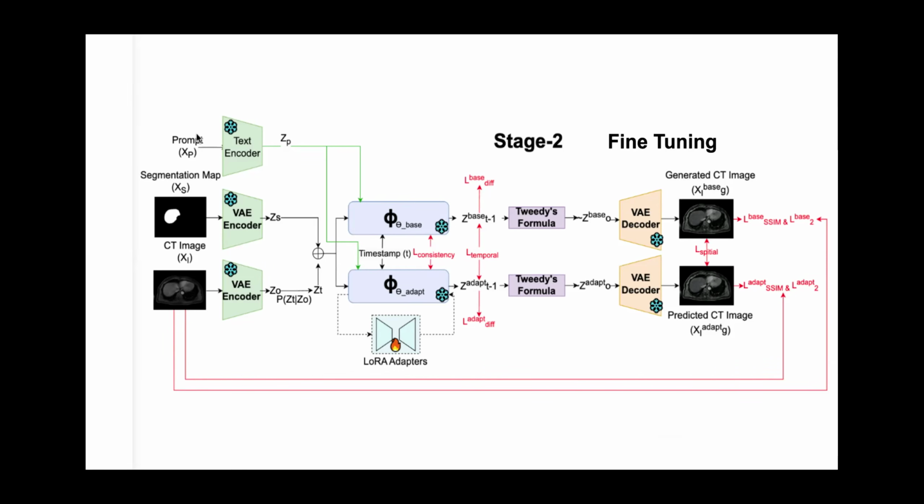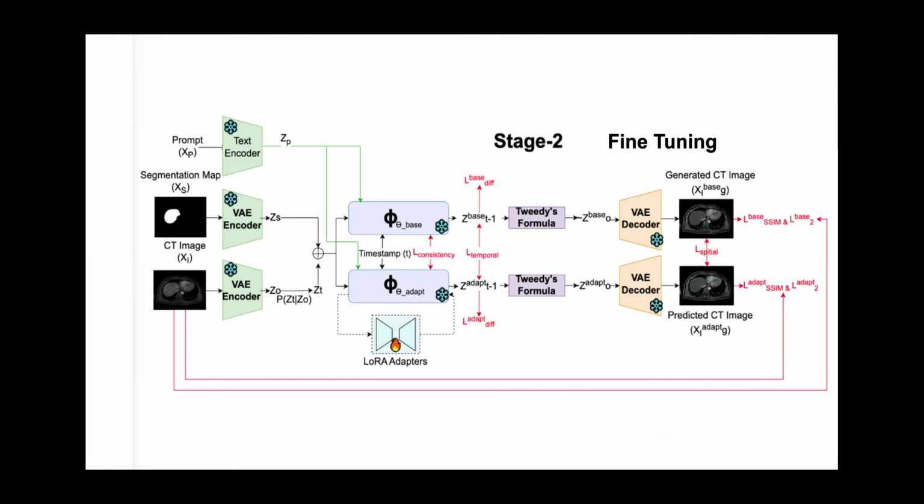The prompt is basically what image it needs to generate, either the CT image or the MRI image. If we want to generate the MRI image, then we explicitly say generate the T2 MRI image or T1 MRI image, followed by the organ names, like stomach, liver, and all those things.